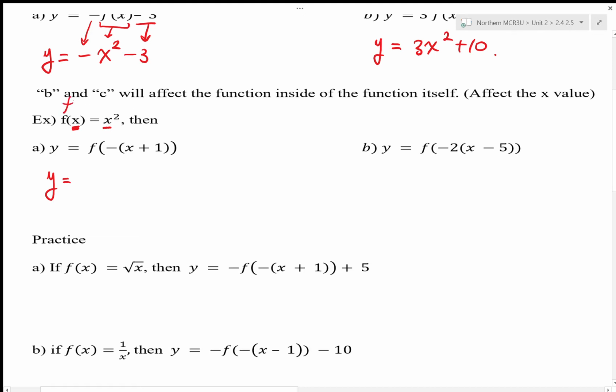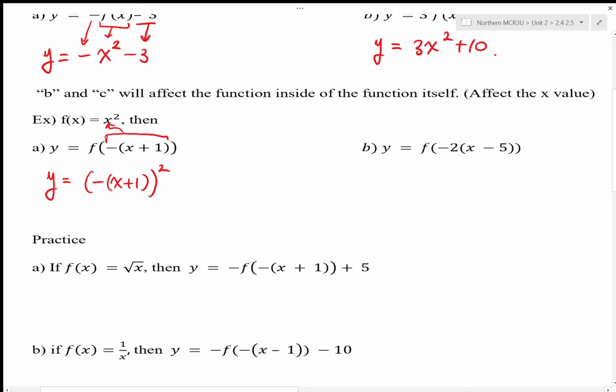If I put f of 2, this becomes 2 squared. So basically whatever I put inside of this bracket will replace whatever this x is. And the same thing over there. So in this case, I have negative bracket x plus 1 bracket inside of the outside bracket. So that means this replaces the x. So it will be negative x plus 1 and then squared.